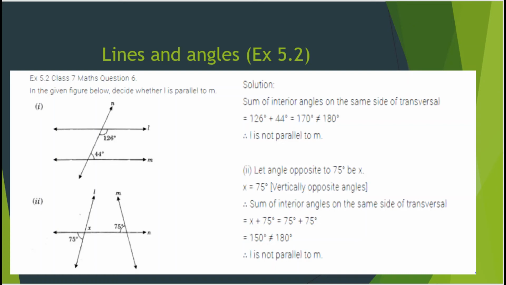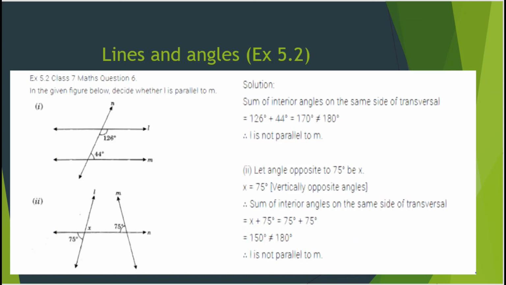Moving to question number 6, in the figures decide whether L is parallel to M. The figure has been given to you. The sum of interior angles of the same side of the transversal is 126 plus 144, that is equal to 170, which is not equal to 180. If it is not equal to 180, the lines are not parallel, so L is not parallel to M. In the same way, let the angle opposite to 75 be x.